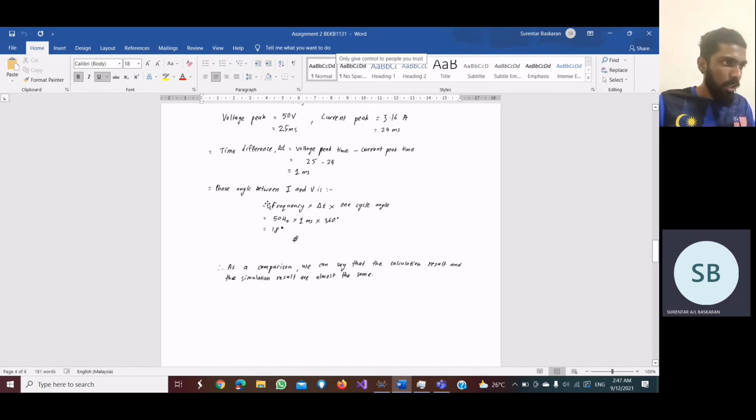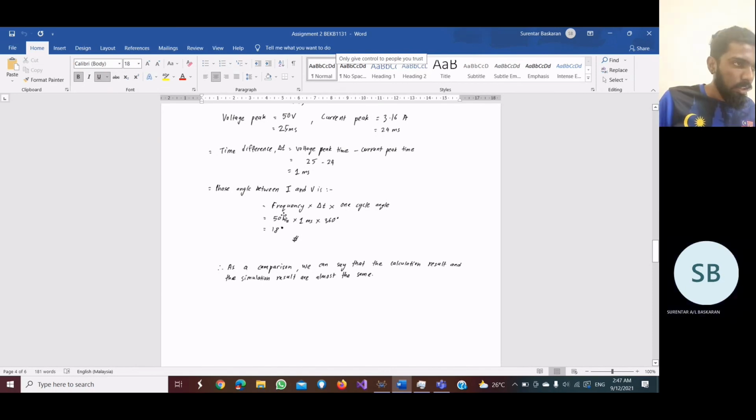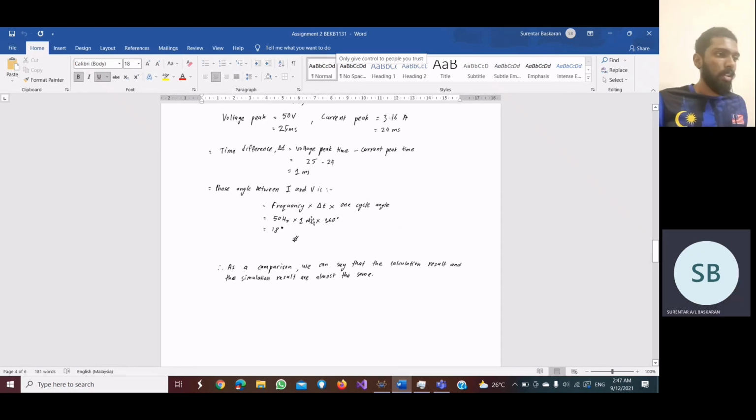The phase angle between I and V, to find it through simulation values, is we multiply frequency by the time difference and the angle of 1 cycle, which is 360.